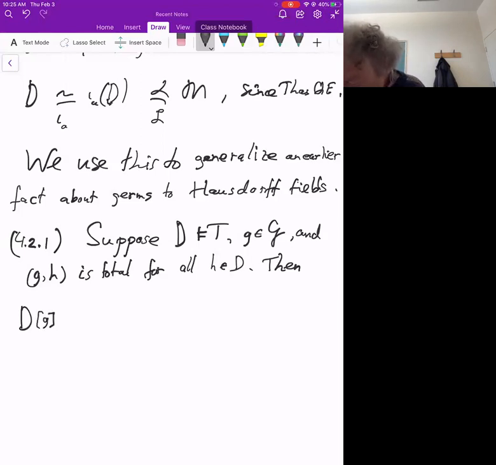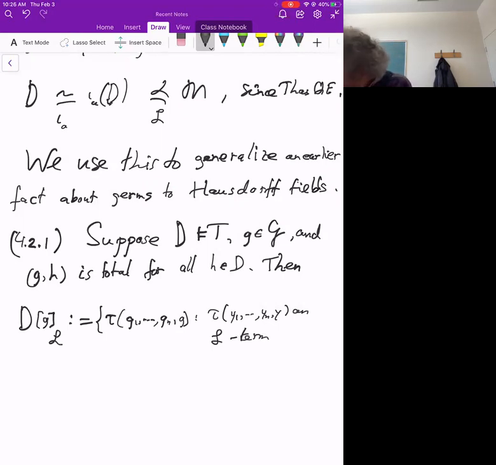It's like the L structure generated by G over D. So I'll put it this way: I take all L terms and I plug in any elements of D together with G, tau(y1, y2, ..., yn, y), an L term, and G1 in G, for all n.